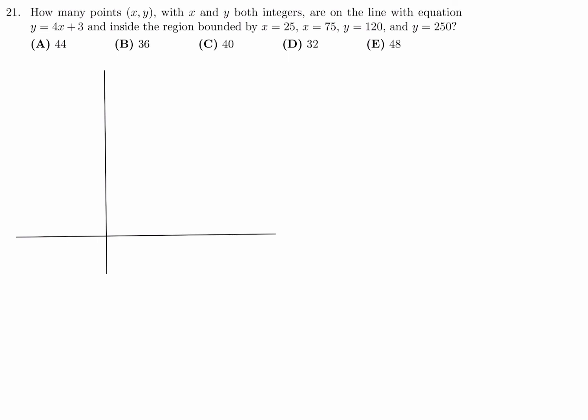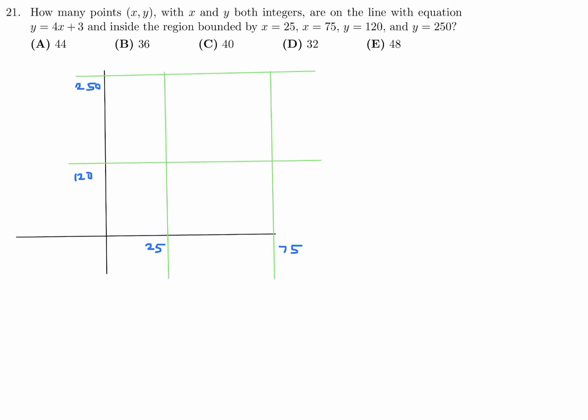So we got 25 and 75, so approximately here and here. And this won't be drawn to scale, but 120 and 250. So approximately something like that, where this is 25, this is 75, this is 120, and this is 250.